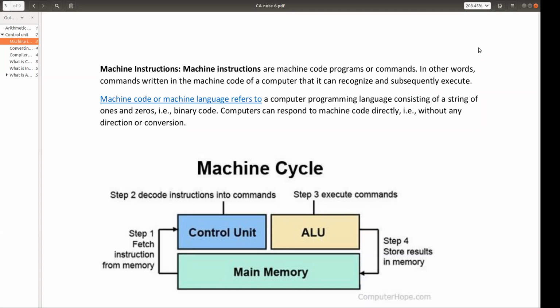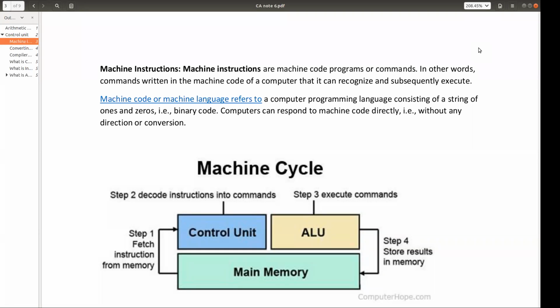Now the thing is, these instructions are known as machine instructions, and they are processed in 4 basic steps. What are the steps?